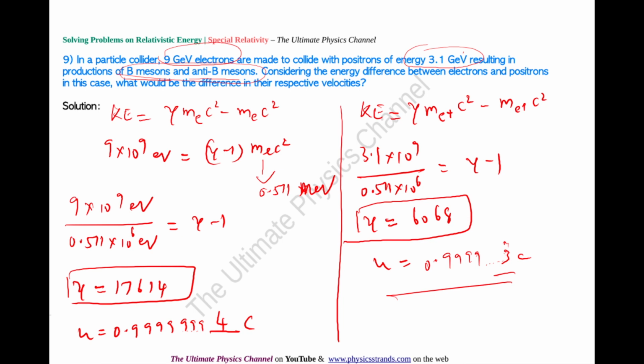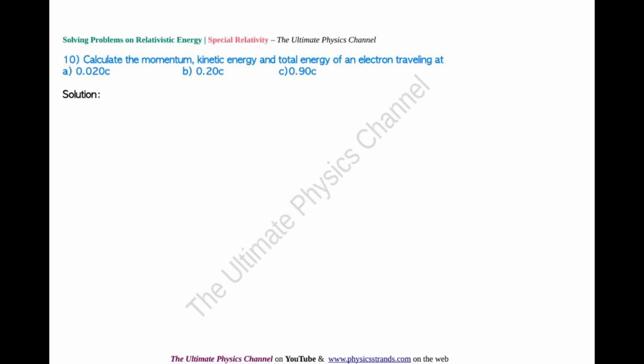Because these two particles are accelerated to different energies, but their masses are the same. The electrons are accelerated to nearly thrice the energy of the positrons. The velocities are different only in the 8th decimal places. That is what we can understand based on this exercise. Right. Now, next problem.